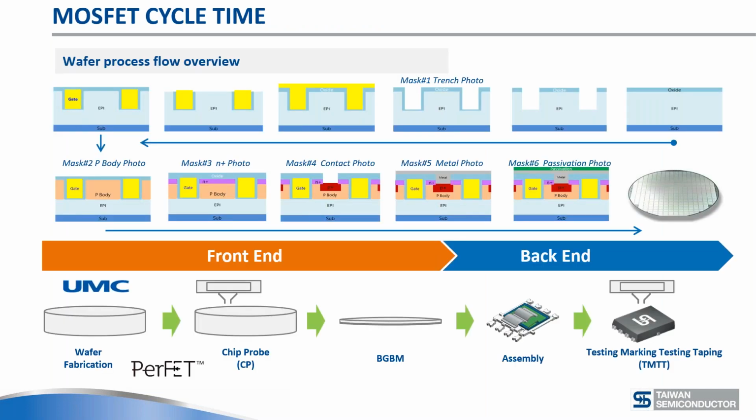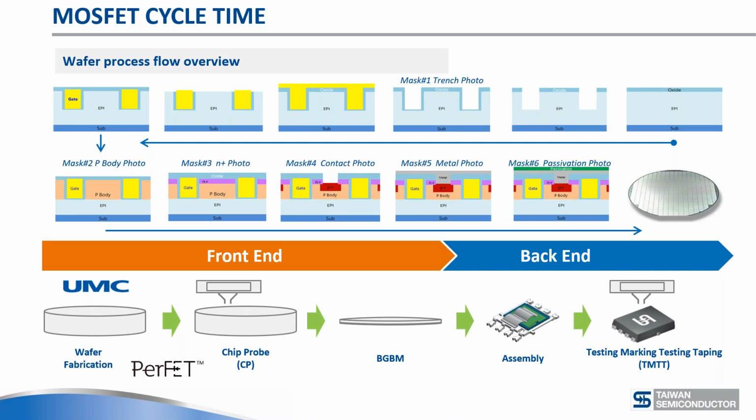Let's go now to the supply chain, and here we've got two or three slides. Let's talk a little bit about the MOSFET cycle times, how long it takes to manufacture a MOSFET in ideal circumstances without bottlenecks. Sometimes you hear in the market one week lead time per mask, or one week cycle time, I should say.